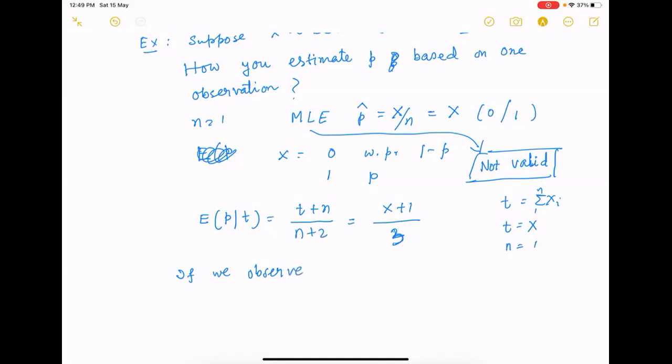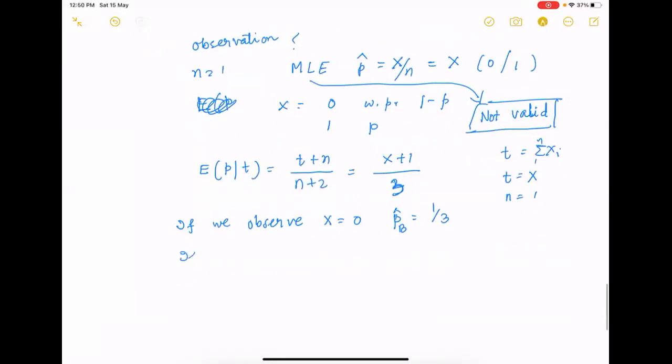If we observe X equal to 0, then my Bayes estimate is 1 by 3. And if we observe X equal to 1, then my Bayes estimate is 2 by 3.